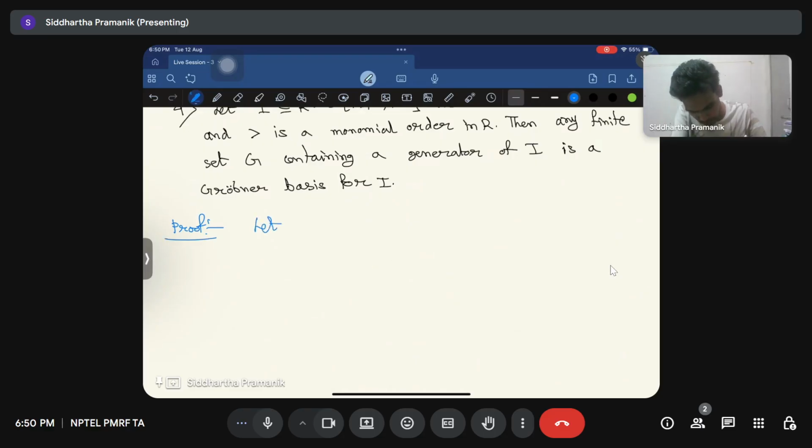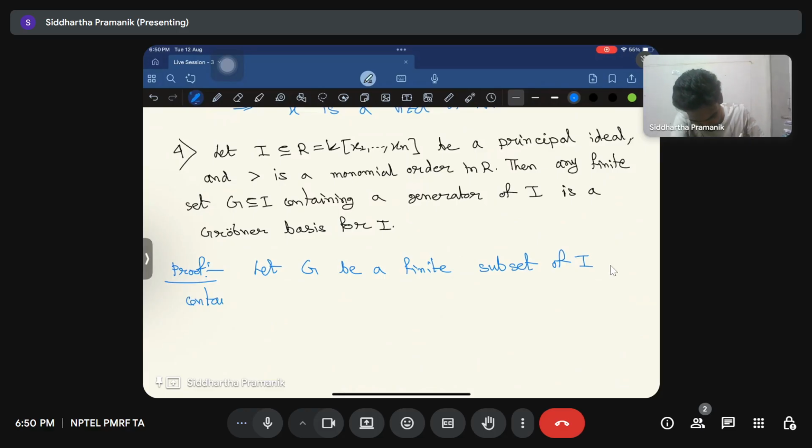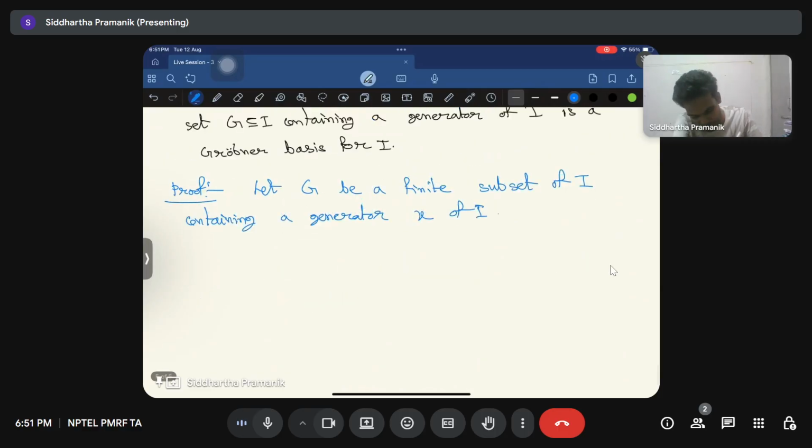So let G be a finite set. The Grobner basis has to be a subset of the ideal, so G is a subset of I. So let G be a finite subset of I containing a generator, let's say x of I. Generator means, I is principal, so I has to be generated by this element x.